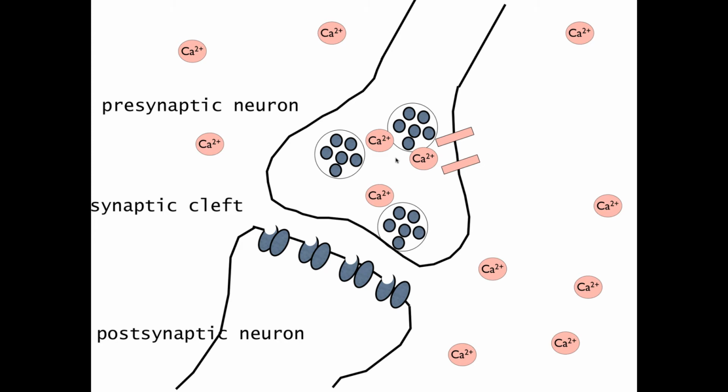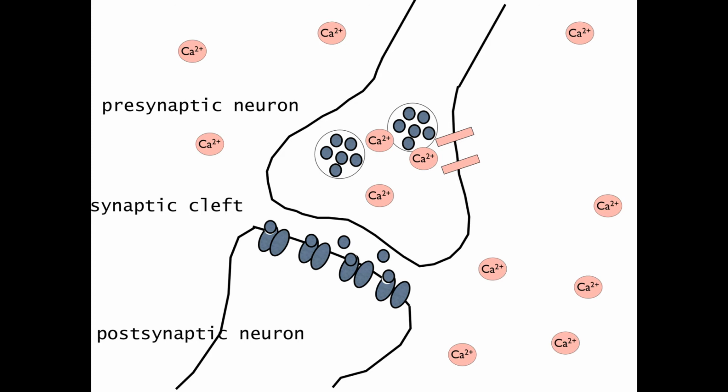When the synaptic vesicles fuse with the plasma membrane, neurotransmitters are released into the synaptic cleft through exocytosis. Once in the synaptic cleft, the neurotransmitters can bind to receptors on the postsynaptic neuron. Depending on what neurotransmitter we're talking about, different things will occur.